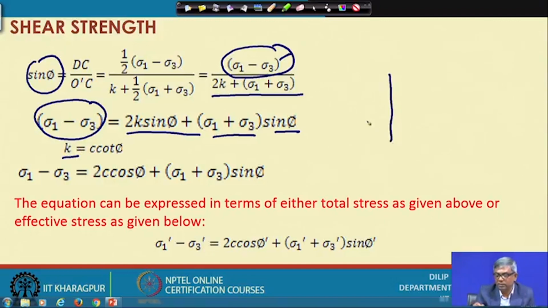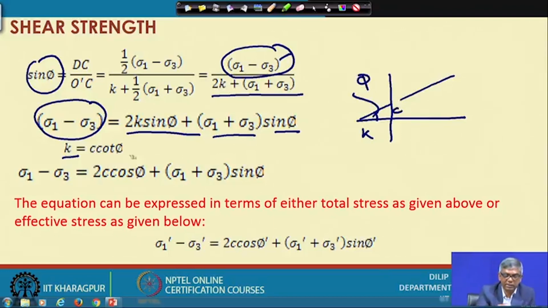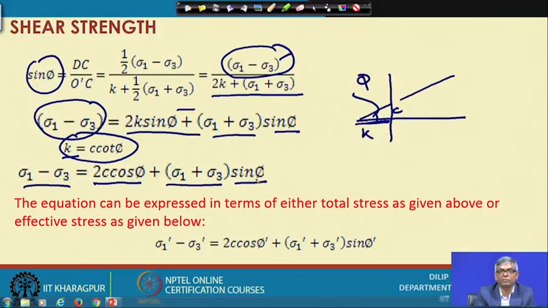Suppose this is the diagram, this is k, this is phi, and this is c. From here I can write k equals c cot phi. If I substitute c cot phi in this equation, then sigma 1 minus sigma 3 becomes 2c cos phi plus sigma 1 plus sigma 3 times sin phi.